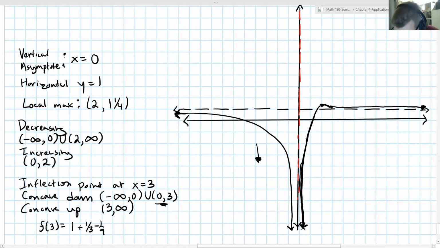So we go up, hit the max, and then we start pushing towards the asymptote. So that's our graph. Notice concave up here from 3 to infinity, concave down here from 0 to 3, increasing until we hit 2, and then we decreased from 2 to infinity. And so that completes the graph.